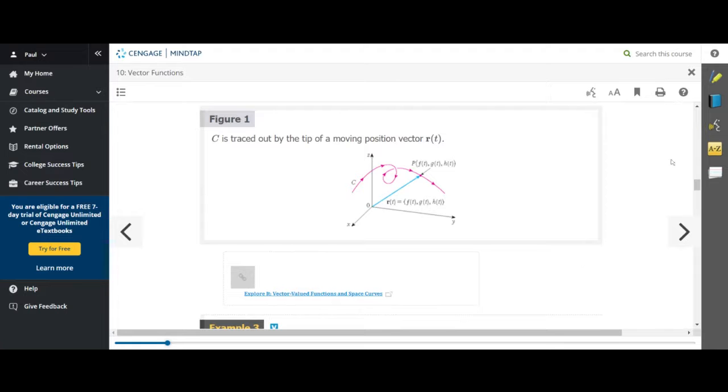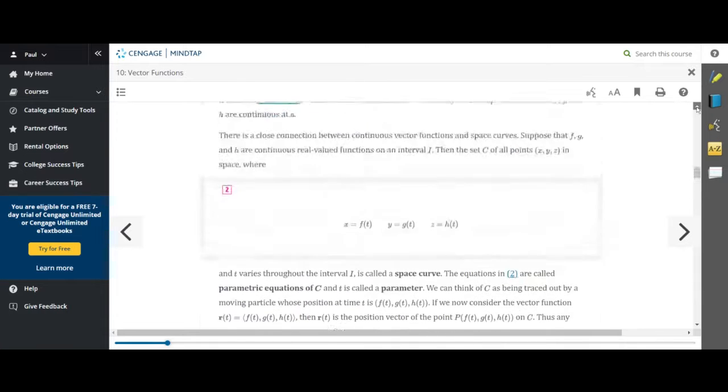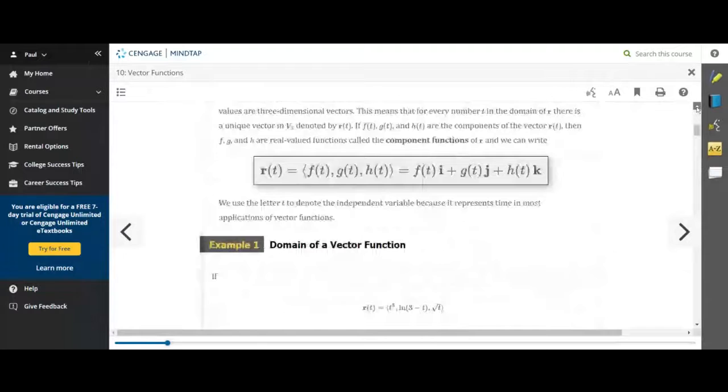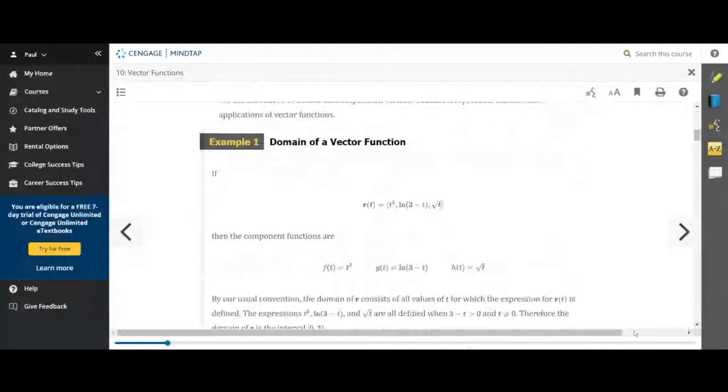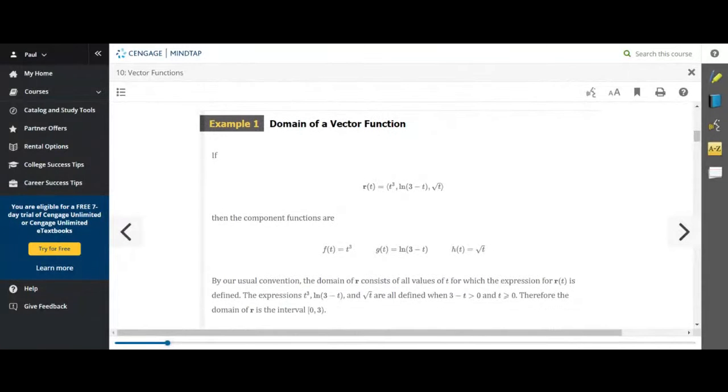Well, of course, we can talk about things like the domain of a vector function. So for instance, in example one, let's say you have your position vector, r of t, which has components t cubed, log of 3 minus t, and the square root of t. Well, there are your component functions f, g, and h, and we want to find the domain of this vector function.